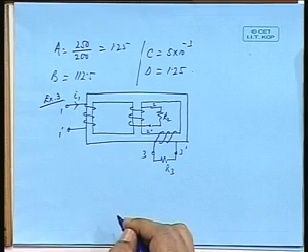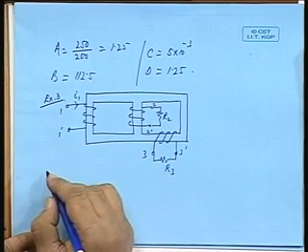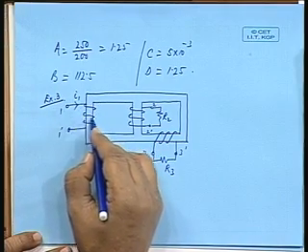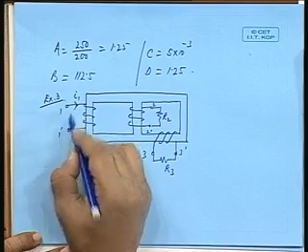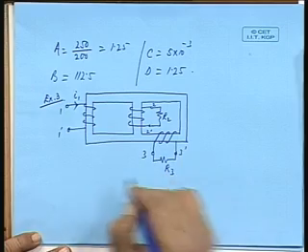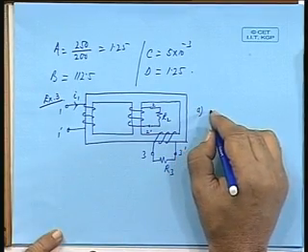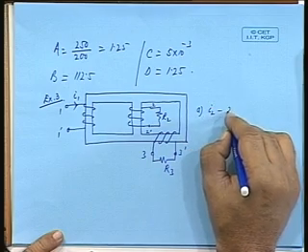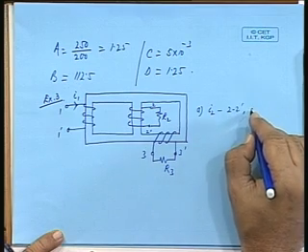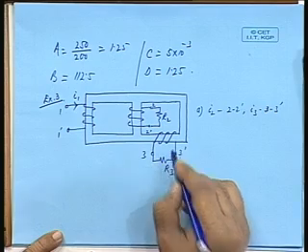The question is, there are 4 statements given. Which one is correct? When current is flowing through winding 1 1 dashed in this direction I1, the currents through R2 and R3 will be, one possibility is: I2 will be 2 to 2 dashed externally, and I3 will be 3 to 3 dashed.